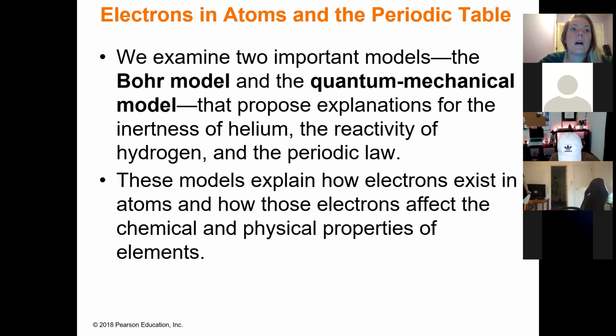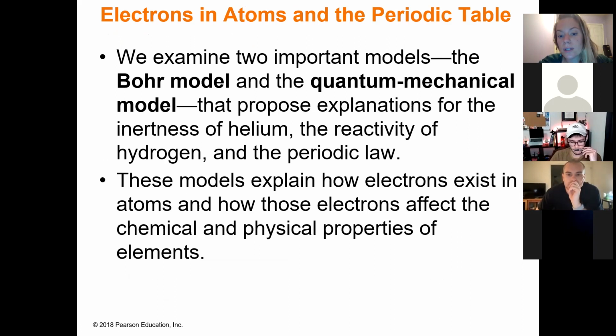So when talking about electrons, we have 2 different models that we use. The first one is the Bohr model. That's the really simple model of electrons. If you've taken chemistry in high school or done any really basic chemistry in a different science class, that's probably what you used. That's like the solar system model. So the nucleus is in the center and the electrons rotate around on these little tracks.